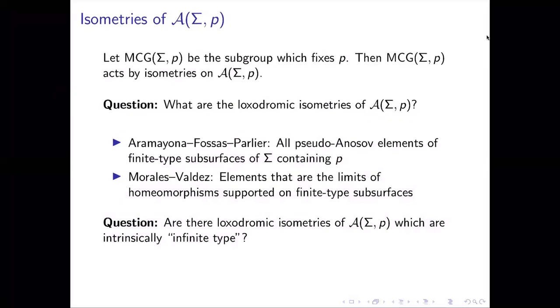But the question that Nick and Priyam and I were really interested in is, are there loxodromic isometries of this graph which are intrinsically infinite type? By that, we mean that they can't be described using finite type subsurfaces. So they're not supported on a finite type subsurface, and they're not the limit of things that are supported on a finite type subsurface.